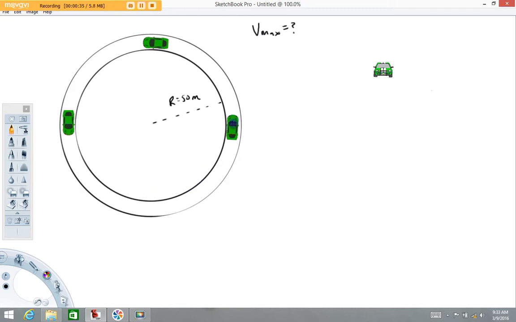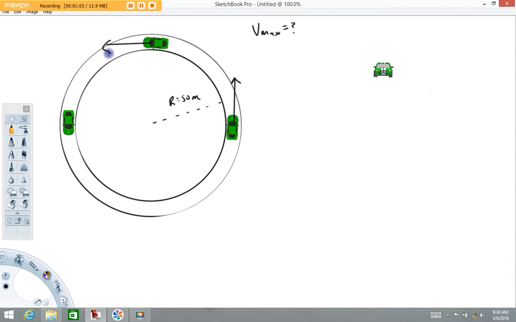So I've drawn a few snapshots in time. I'm going to take a moment here and draw some velocity vectors. At this instant in time, the car's velocity vector might be something like this. And at another instant in time, the velocity vector might be something like this. Now in this example, this is going to be a constant speed example.